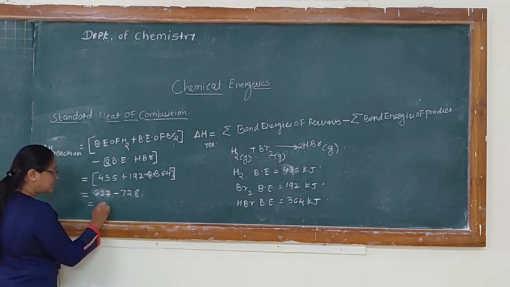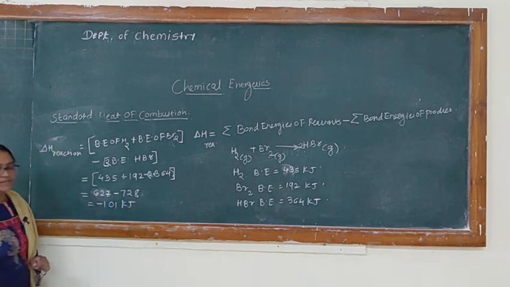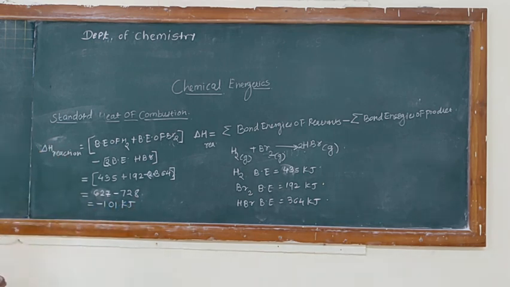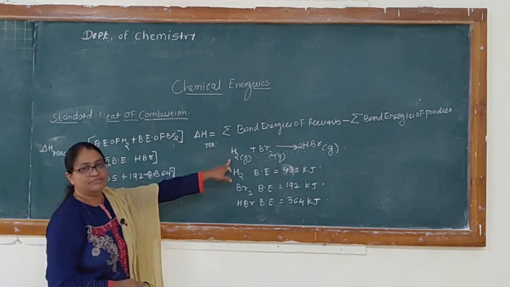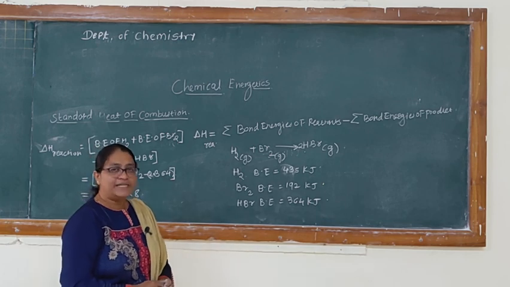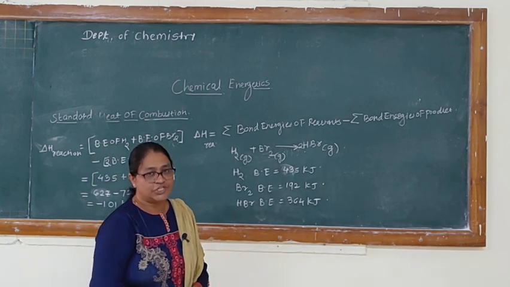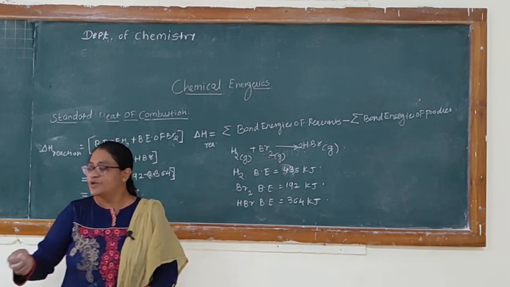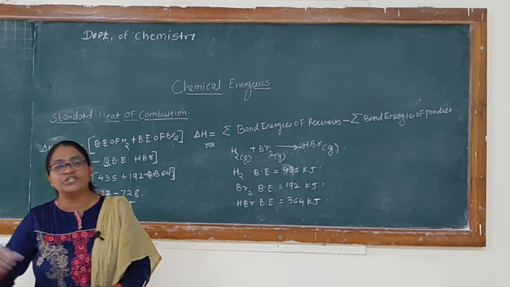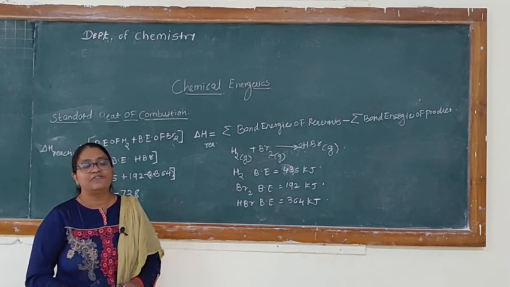That means minus 101 kilojoules. This is the enthalpy of this reaction. So this is how from the bond energies we can calculate the enthalpy of the reaction. Next time we'll see the different heats like heat of solution, the heat of hydration, the heat of fusion, the heat of sublimation. These different types of heat.